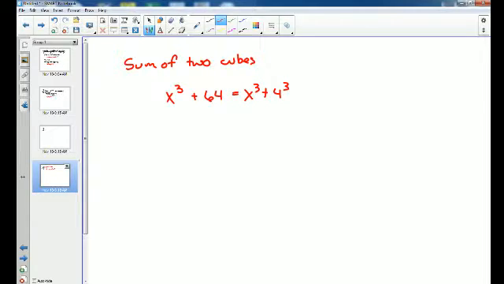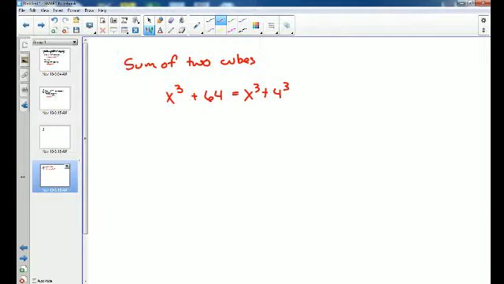I suggest you keep 1, 2, 3, 4, 5 cubics in your brain. 1 cubed is 1. 2 cubed is 8. 3 cubed is 27. 4 cubed is 64. 5 cubed is 125. 6 cubed is 216, but if you get above that, you wouldn't see it very often.